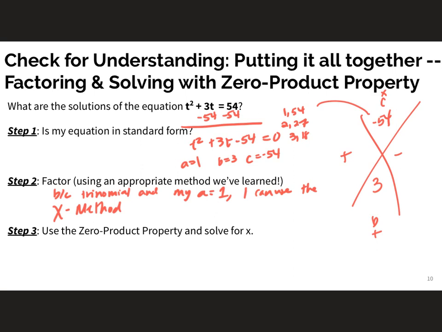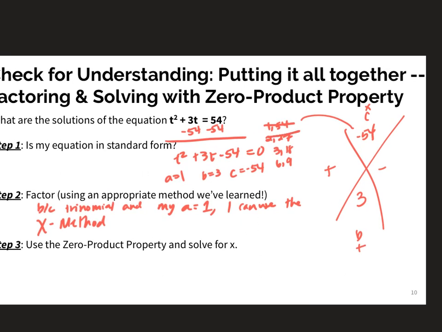I know 6 and 9 multiply to 54. And I'm just going to stop there because I think that those are enough factor pairs for me to start investigating. So I know for sure that 1 and 54, I'm just going to cross it out because I know no combination of 1 and 54 being positive and negative can add up to 3. Same with 2 and 27, and then 3 and 18. But 6 and 9 might work, right?